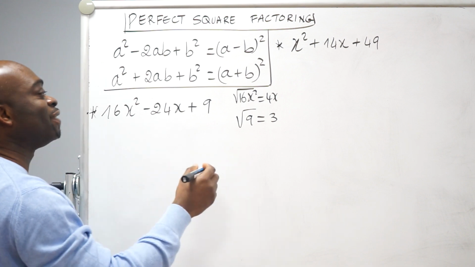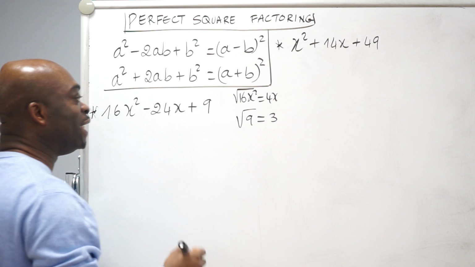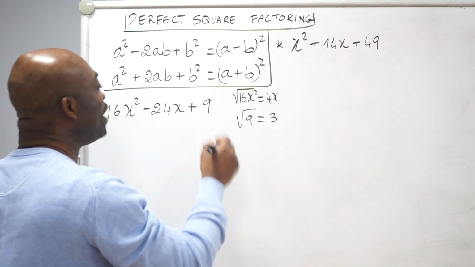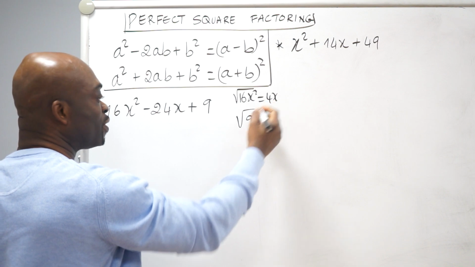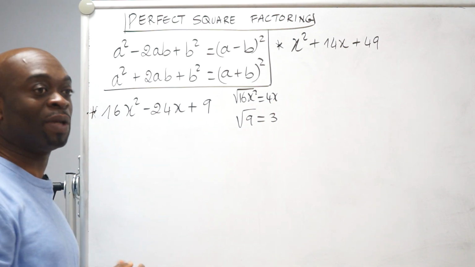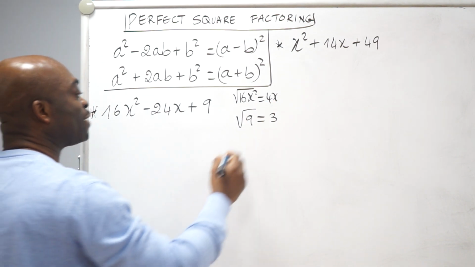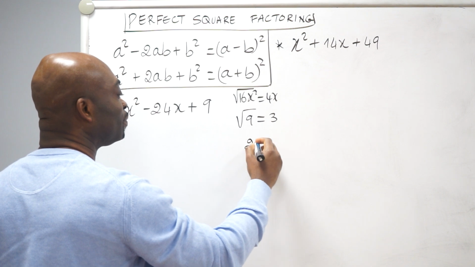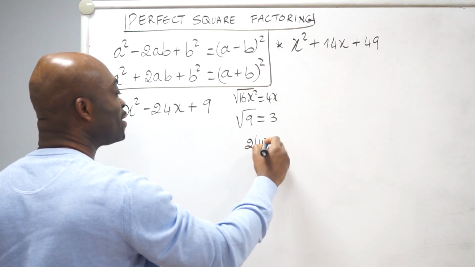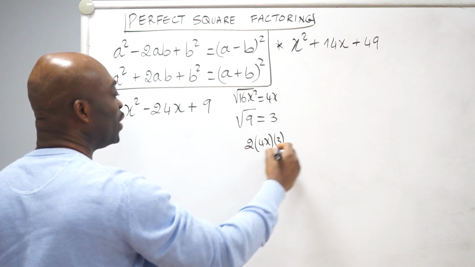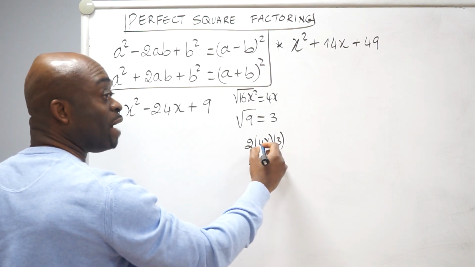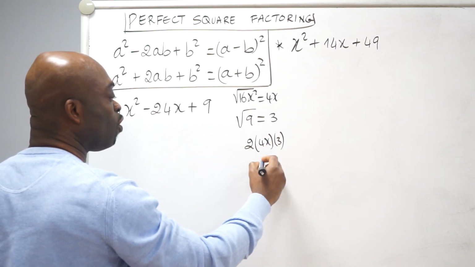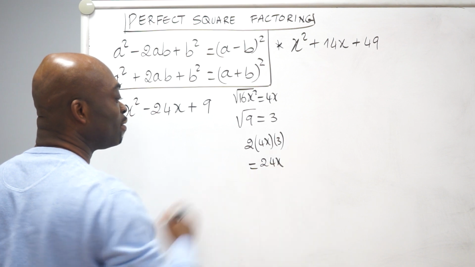Okay, so the next thing, just to stamp on it and know that this is definitely what I'm looking for, is to multiply these two terms and then multiply by 2. So it's like you're doing 2 times 4x and then times 3. That will give us 2 by 4, 8, 8 by 3, 24, and that is 24x, right?